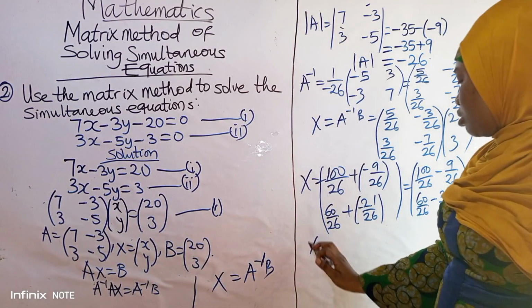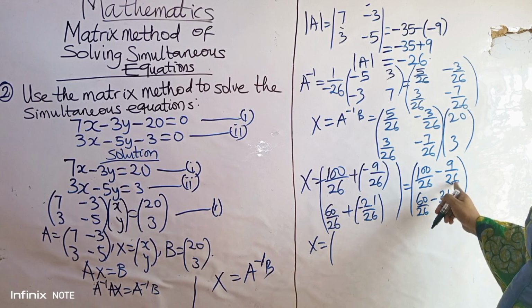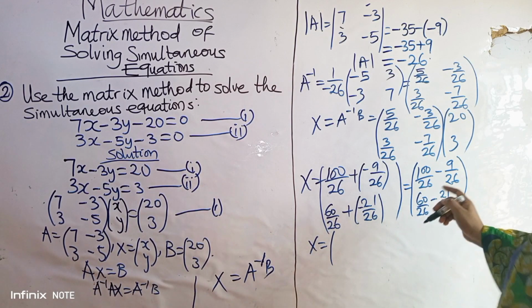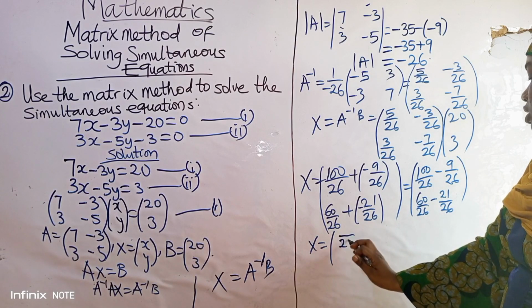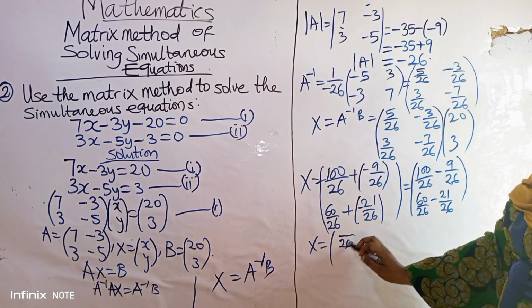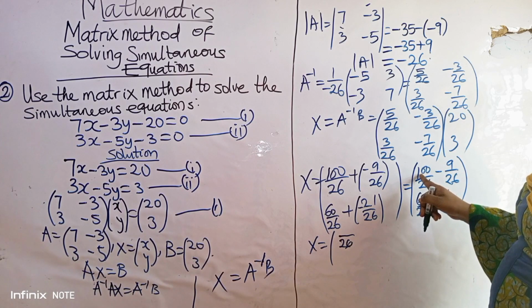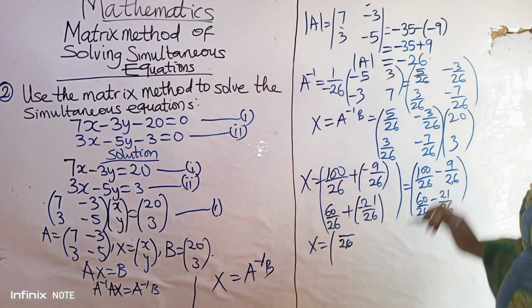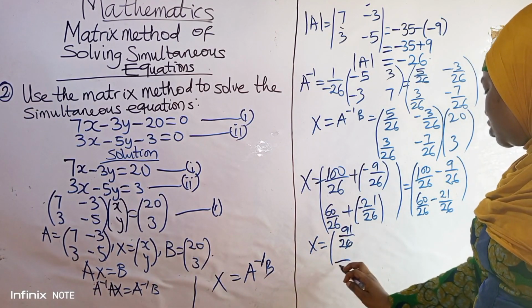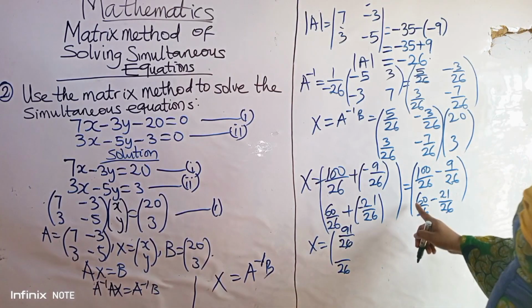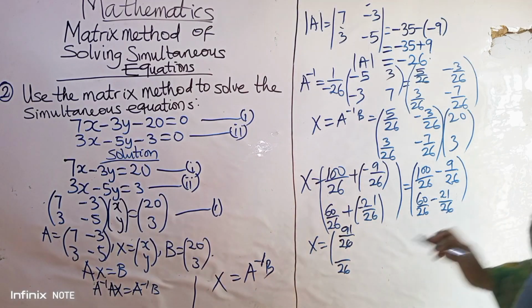So x becomes, here the LCM is 26. Since they have the same denominator, I can easily subtract the numerators from each other. So 100 minus 9 is 91. Then 60 minus 21 is 39.